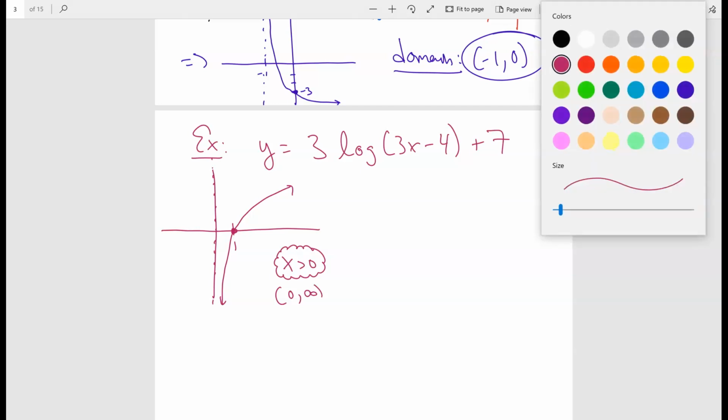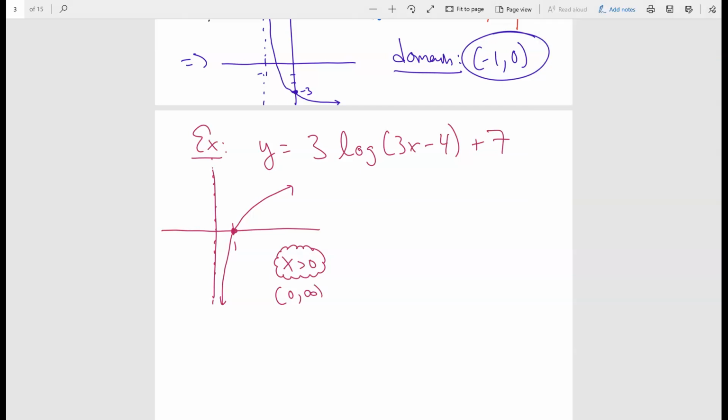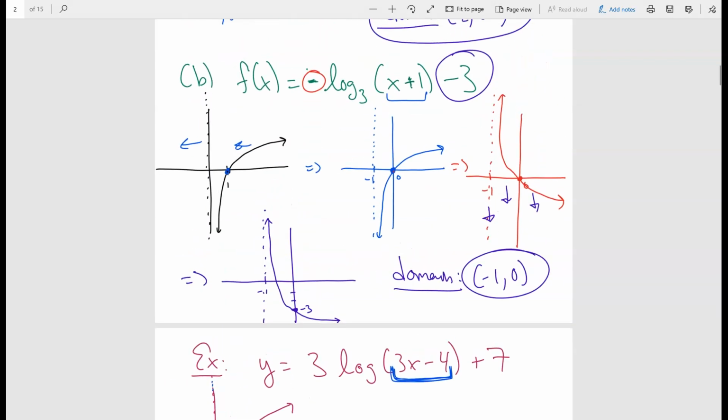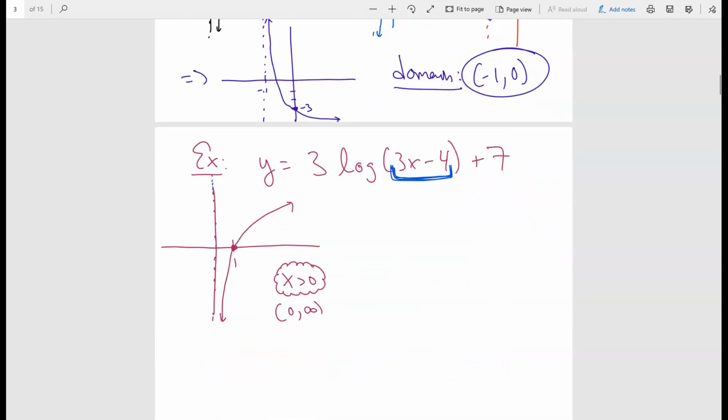So if you want to find the domain of this, you're going to take the inside, which is the argument. This guy is basically telling you where exactly I'm shifting it. Because if you notice in the previous problem, the only thing that affected the asymptote was the inside part. The reflection and decreasing it by 3 didn't affect it at all. So I'm going to place that guy in there.